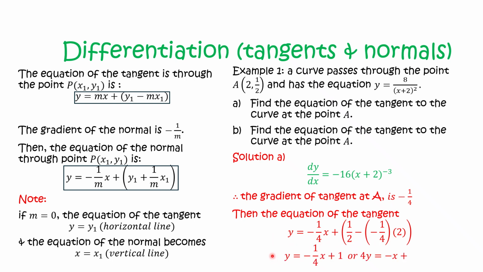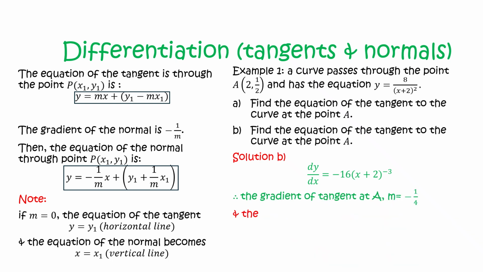Simplifying it further, we get y equals minus 1 over 4 x plus 1, or clearing all the fractions by multiplying by the denominator, which is 4, that would give us 4y equals minus x plus 4. Take note, all the terms were multiplied by 4 so that we clear the fractions.